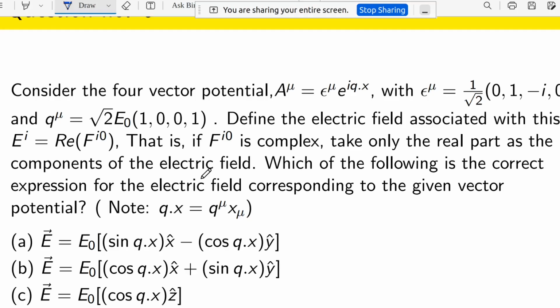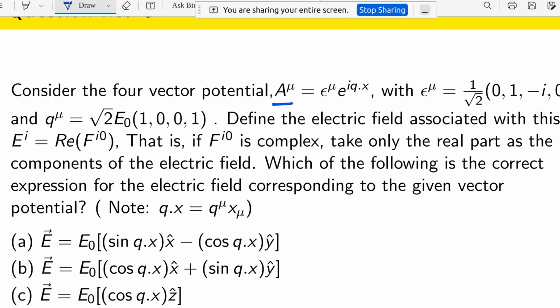Define the electric field associated with this as E i equals to real of F i0. That is, if F i0 is complex, take only the real part as the components of the electric field. Which of the following is the correct expression for the electric field corresponding to the given vector potential? They have also given the note that q dot x equals to q mu x mu, and there are 4 options for that.